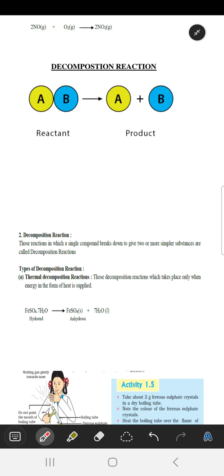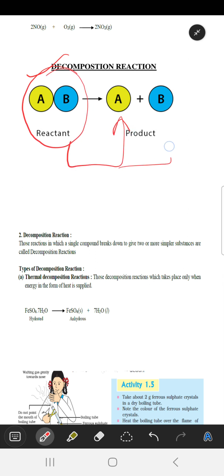The next type we have is the decomposition reaction. In a decomposition reaction, a single product breaks down into two or more products. Here A and B are the reactants, and AB splits into two compounds.